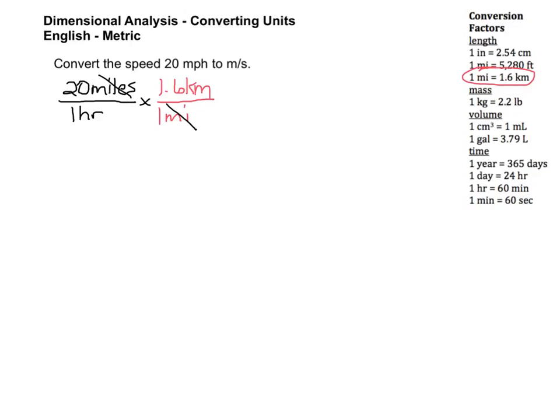In the next step, we want to cancel units of kilometers and get into meters. As you may recall, that conversion factor is that for every 1 kilometer, there are 1,000 meters.